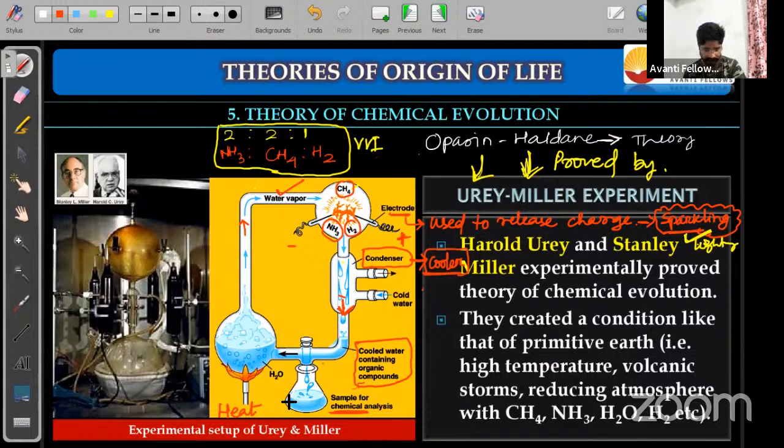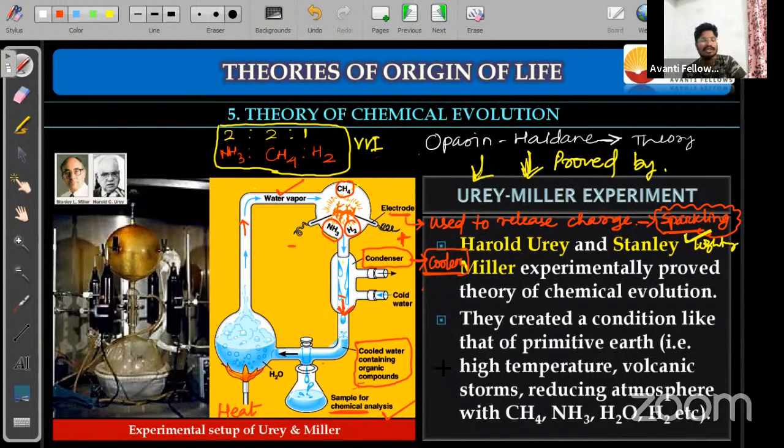It was collected in a particular container, and after successful collection it was taken for analysis, and they found that in this collection many things were there along with water and carbon dioxide and other things.